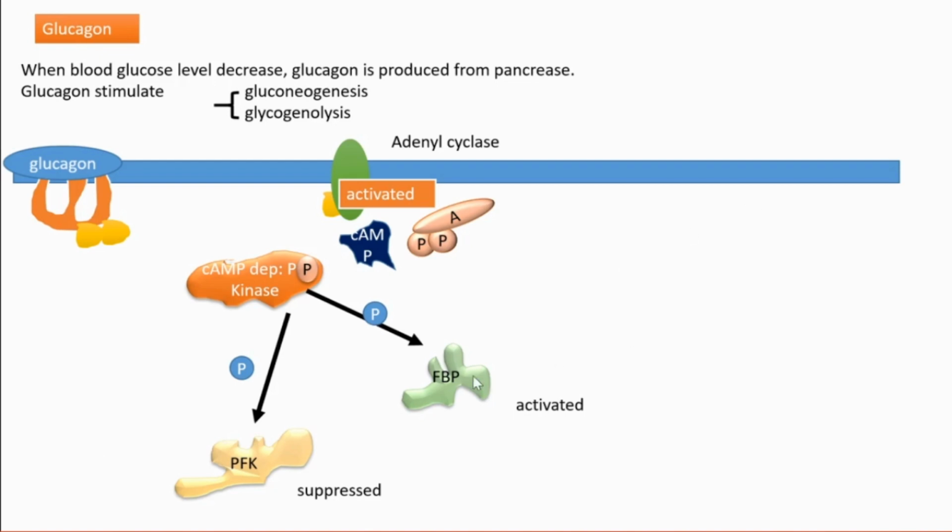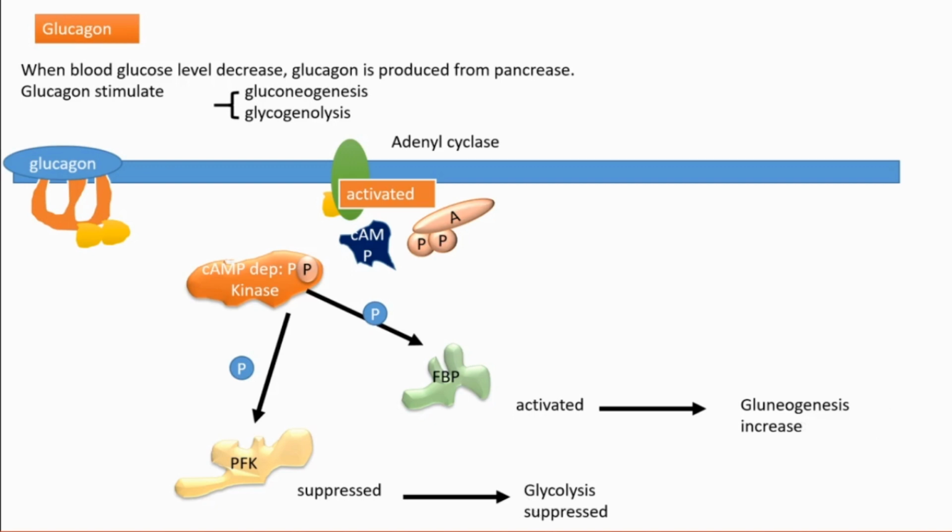And also, fructose bisphosphatase is an activator, an enzyme helping gluconeogenesis. Gluconeogenesis means additional glucose can be synthesized from non-carbohydrate substrate. This is the action of glucagon. It's mentioned here: gluconeogenesis increases and glycolysis is suppressed.